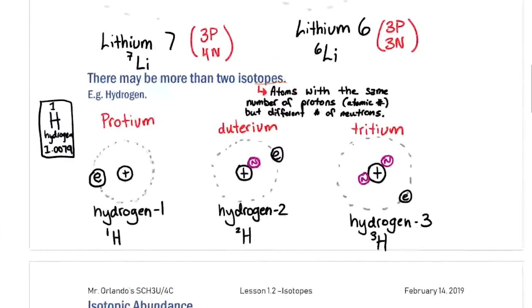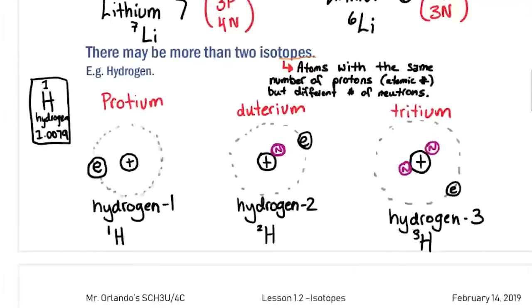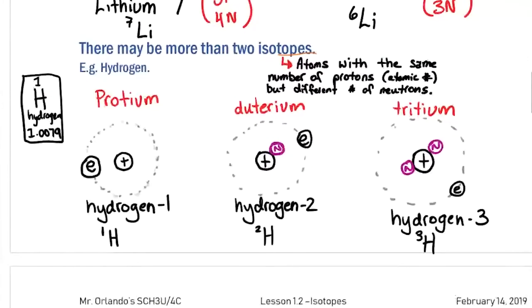The important thing is to understand that all three of these are real, and they are all versions of hydrogen that actually exist in nature. And we call these the isotopes of hydrogen. Hydrogen 1, hydrogen 2, hydrogen 3. And they only differ by mass. And they differ in mass because they have different numbers of neutrons.